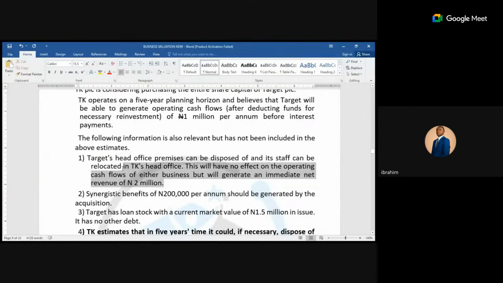Class, target head office premises can be disposed of and its staff can be relocated in TK's head office because of the acquisition, and they will generate something from that, right? Cash flow from disposal of head office is 2 million.